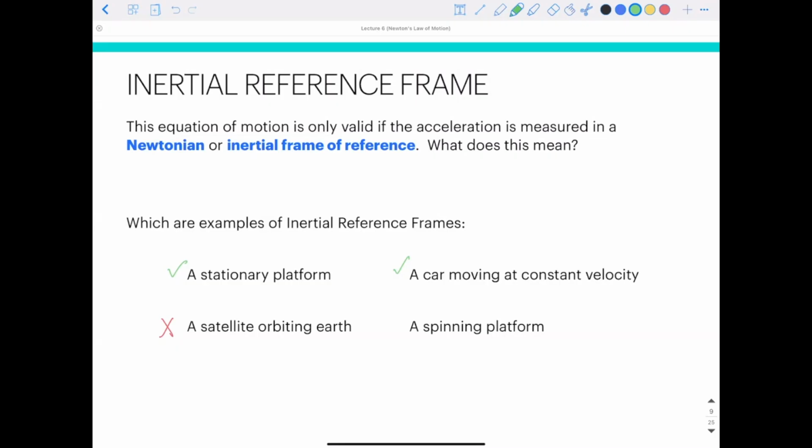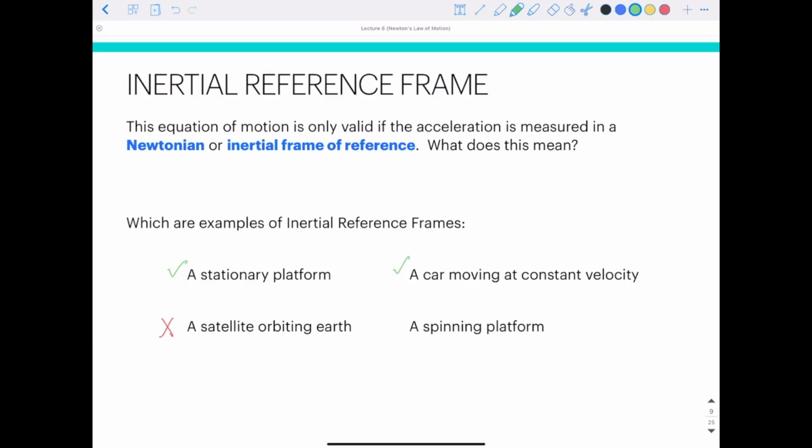And then last thing is a spinning platform. Unless it's spinning at a constant rate. If it's not, then we cannot take it as a reference frame.